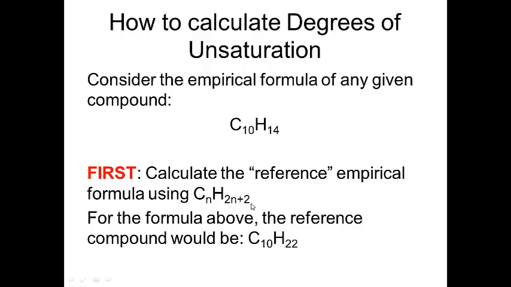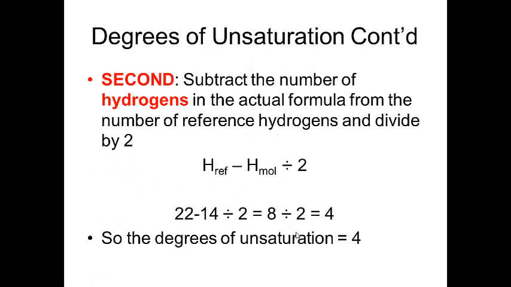The first step is to calculate what I like to call the reference empirical formula, and we learned this before: CnH2n+2. For a compound that has 10 carbons, the reference is C10H22. You plug in 10 for the variable n, so 2 times 10 plus 2 is 22. That's the first step. The second step involves subtracting the number of hydrogens in the actual formula from the number of reference hydrogens and then dividing by 2.